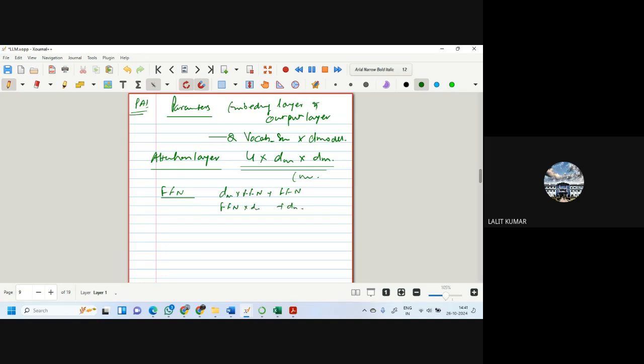Now only the layers will count for your layer norms. So layer norm parameters will be 4 into D model. So if there are 12 layers, then it will become 48 into D model. And then we come to the output layer, which we have considered here only. So these are the total number of parameters in an encoder.